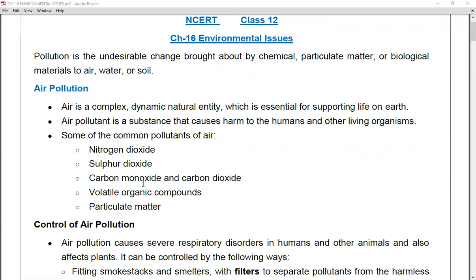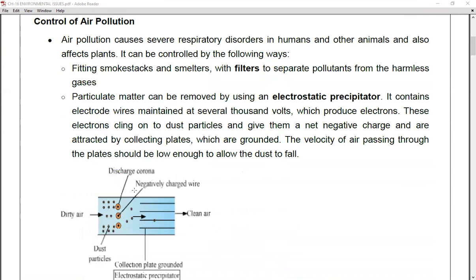Carbon dioxide comes from vehicular exhaust. Nowadays you know that so many vehicles are being used by humans. For this reason more and more vehicular exhaust is going into the air, and so pollution is taking place. Now how can we control air pollution?